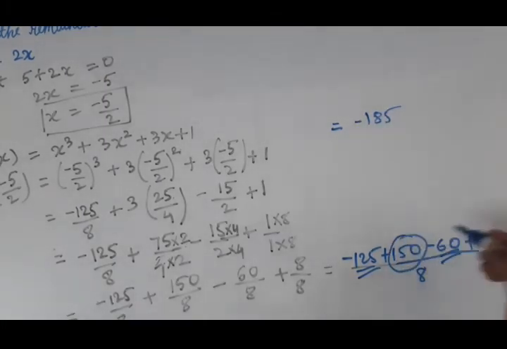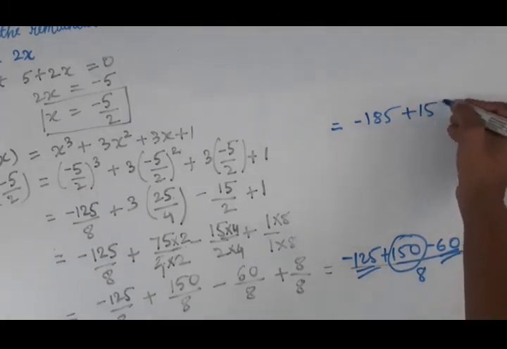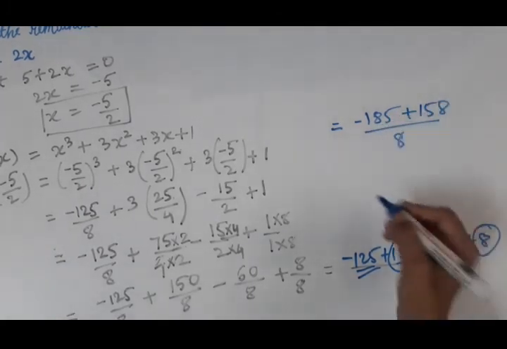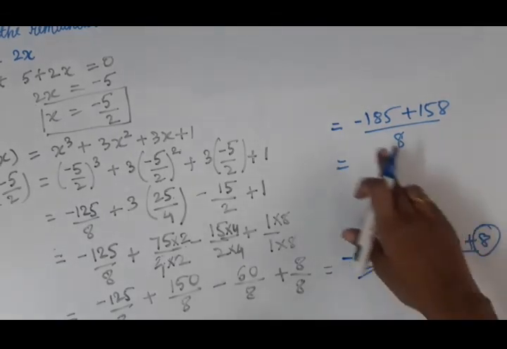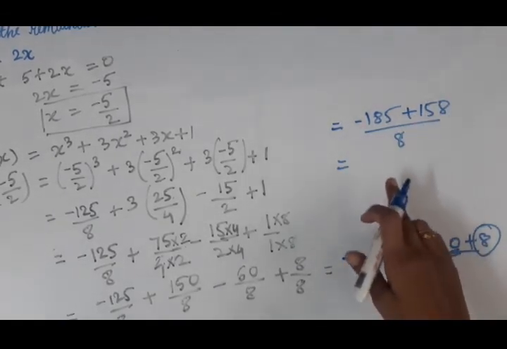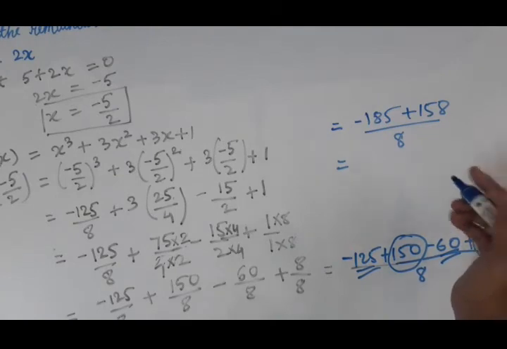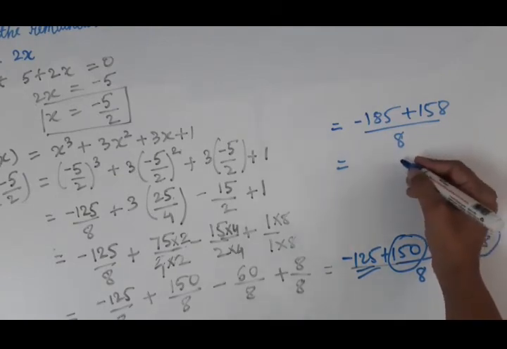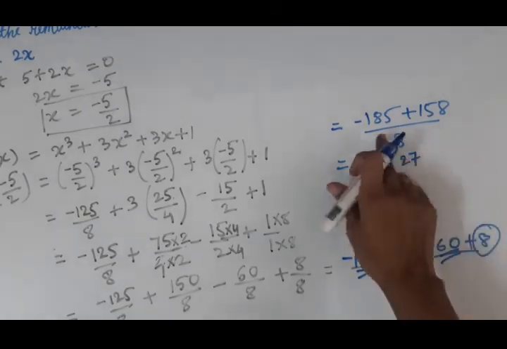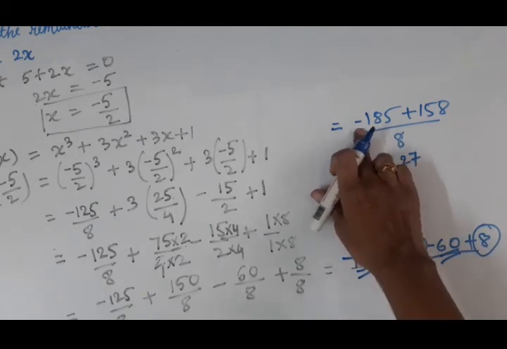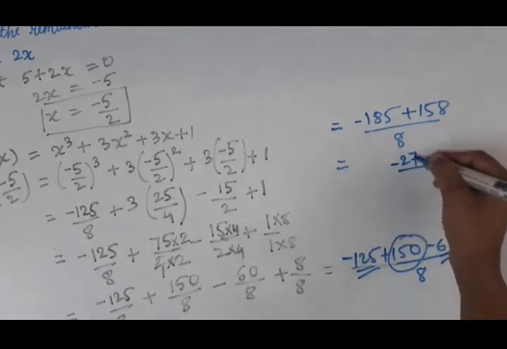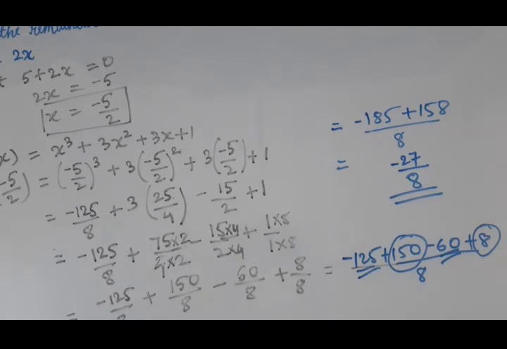And now add this 150 plus 8, it will be plus 158 upon that 8 as it is, and different signs, so you will subtract. So 185 minus 158, it will be 27, but since the greater number is having negative sign, answer will have negative sign, divided by that 8 as it is. So you got remainder minus 27 upon 8.